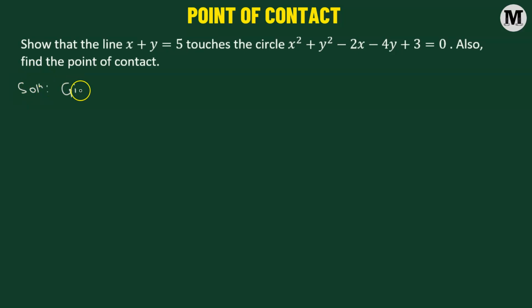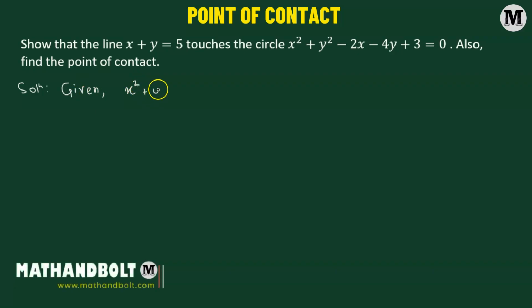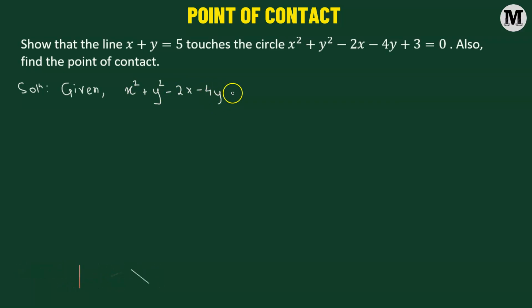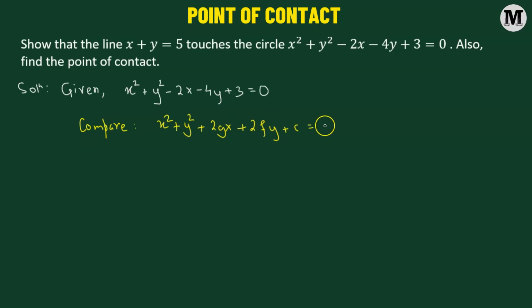we will try to find its center, the coordinates of the center, as well as the radius. So here we have x squared plus y squared minus 2x minus 4y plus 3 equals 0. Now we will compare this with the general equation of the circle, which is x squared plus y squared plus 2gx plus 2fy plus c equals 0.